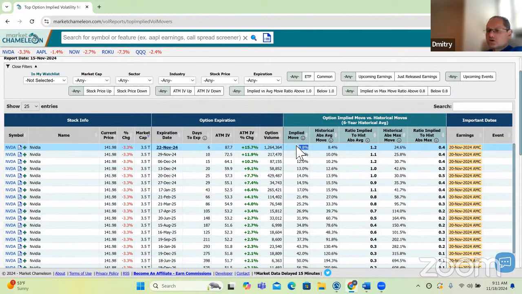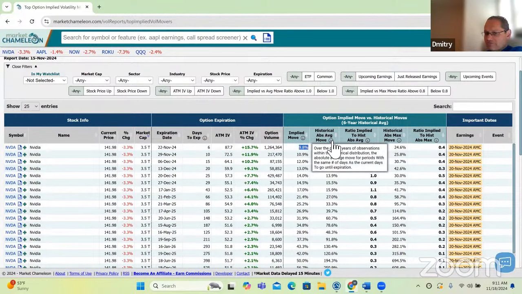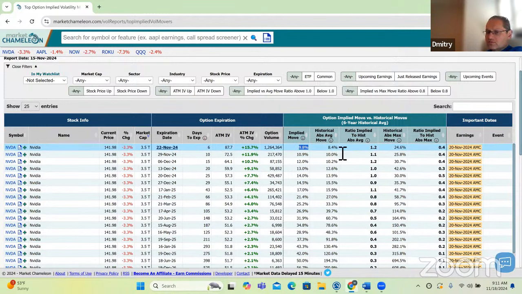Okay, so this here looks at the historical absolute average move in the stock. How much did the stock move up or down? Because when we look at a straddle, it doesn't matter if the stock moves up or down, because if you own a call and a put, you just need it to move by a big enough percentage to cover the cost of both options.